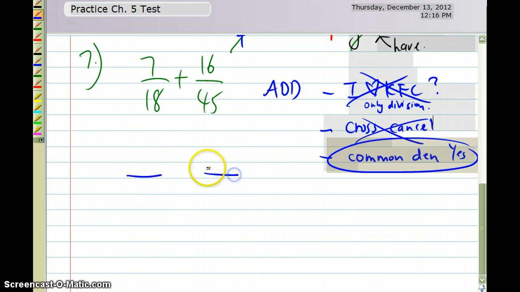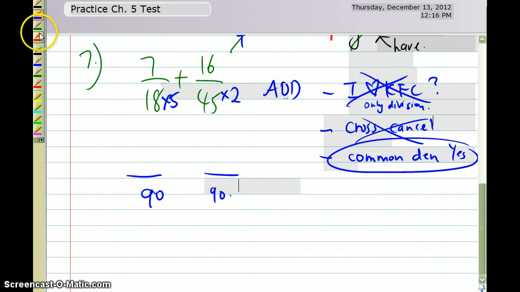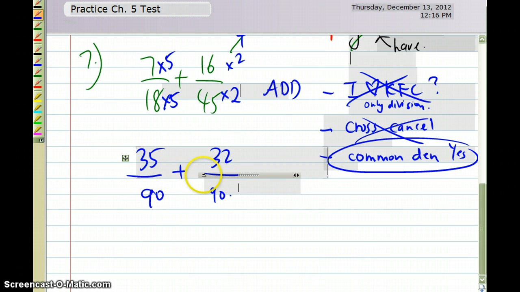The common denominator between 18 and 45 is kind of a large number, but that's going to be 90. Okay? 18 times 5 gives us 90, and 45 times 2 gives us 90. So whatever I do in my denominator, I also do that in my numerator. What I'm going to get is 35 plus 32 in my numerator.